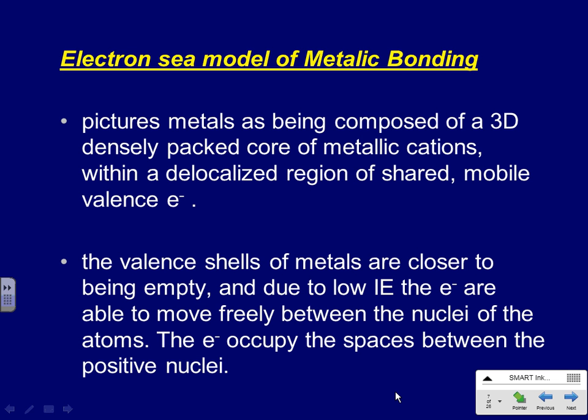So if all of the valence electrons are really not stuck to the nucleus, why don't we just consider the nucleus as being the cation? It has lost control of its electrons. So let's consider it as being made up of a bunch of cations, which then has this big bond that spreads from one end of the hunk of metal to the other.